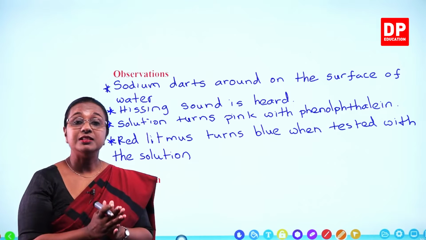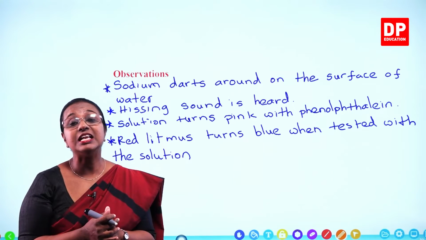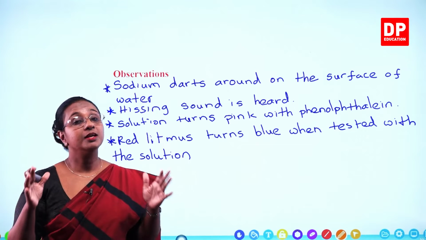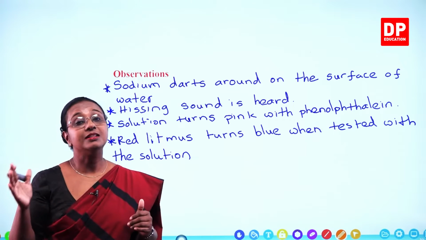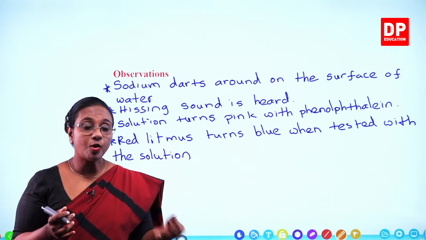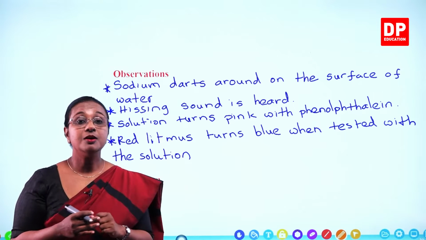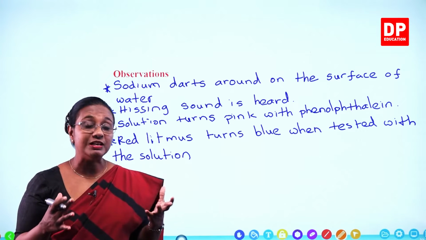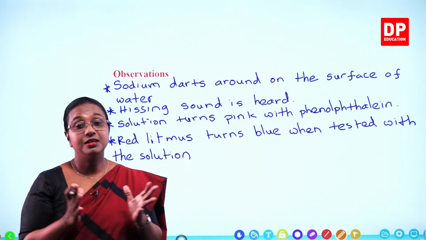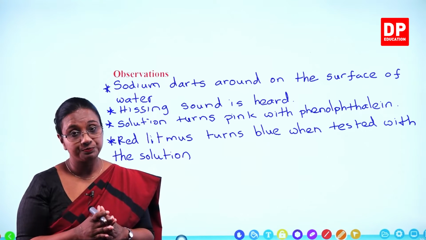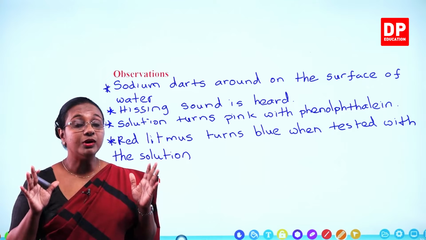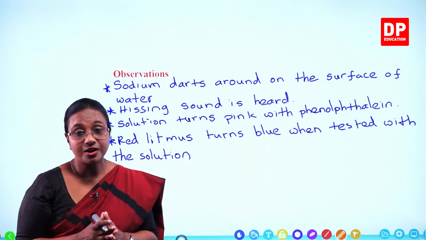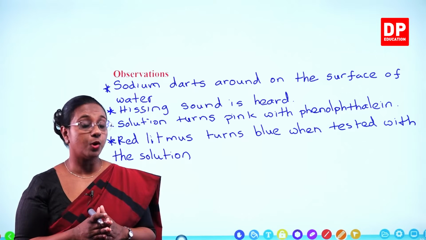Usually during this reaction there is a lot of heat evolved. Now since we take a large amount of water, we don't feel the heat that much. But if you took a small volume of water and put a piece of sodium, then of course you will feel the heat, the beaker becoming very warm. But as I said, to avoid accidents, we use the large trough with a large volume of water.